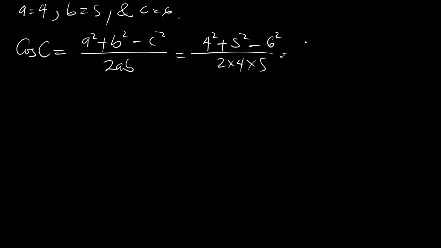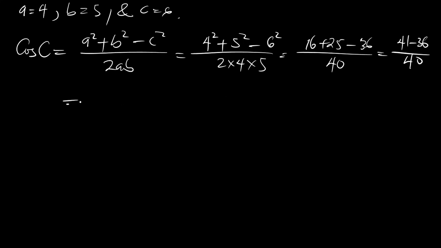So this gives us 16 plus 25 minus 36 divided by 40. 16 plus 25 is 41, minus 36, divided by 40. So this gives us 5 over 40. 5 divides 5 is 1, 5 divides 40 is 8. So now you have 1 over 8. That means cos C is equal to 1 over 8.